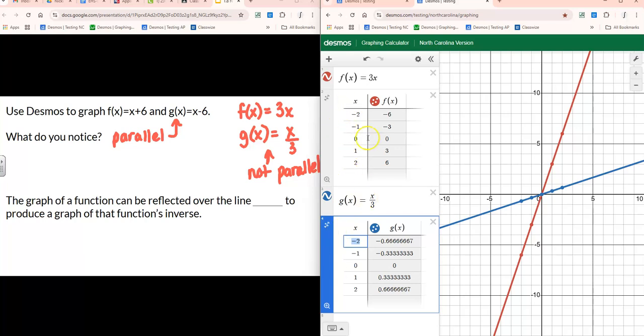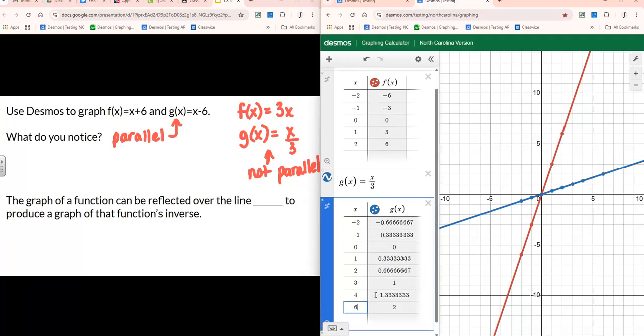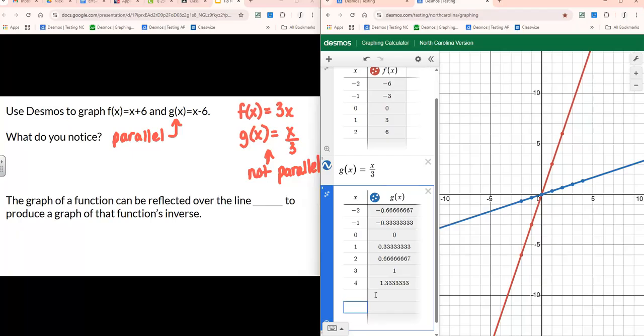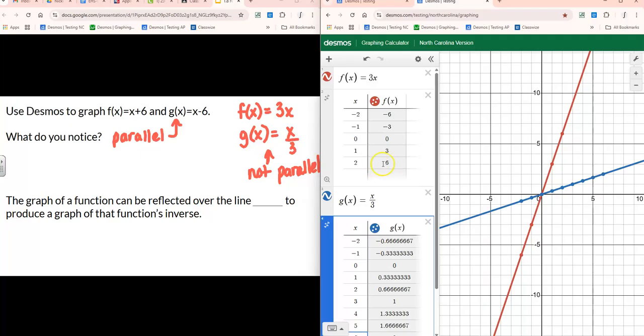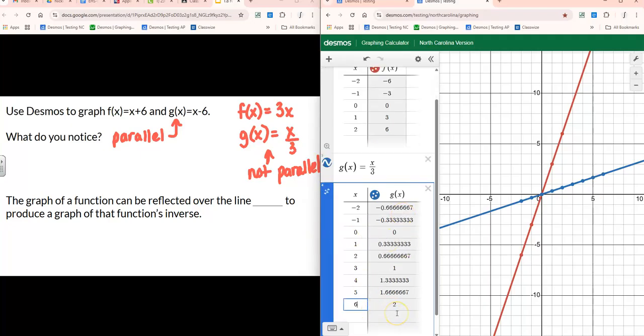It's not immediately helpful to see this table right here, but I'm going to go to that second table and add some more numbers: 3, 4, 5, 6. If I look at this table, particularly at the whole numbers, do you notice any similarities between my numbers here and my numbers here?